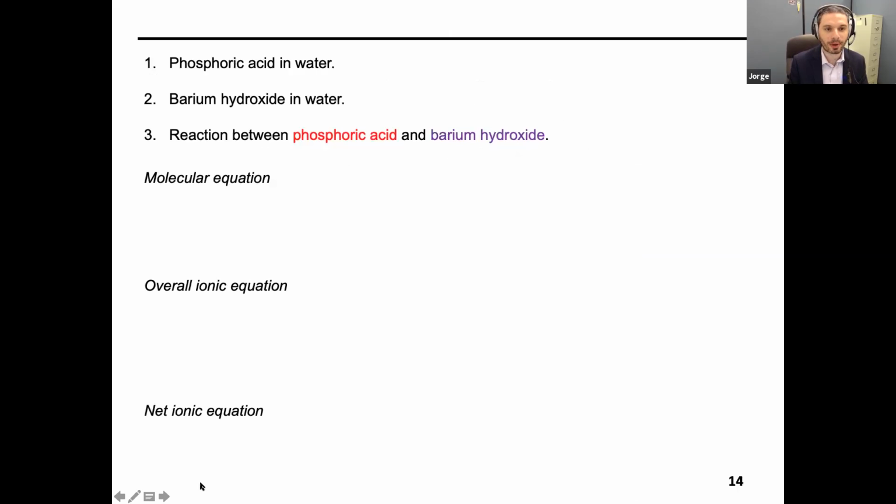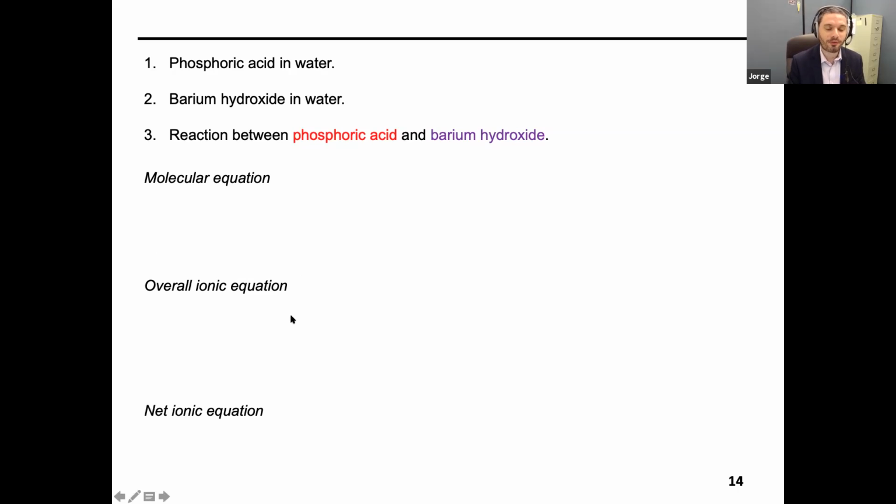Let me just go back here. Remember, we can write the acid-base reaction in 3 different ways. First is the molecular equation, which considers just the molecular form of the compounds. Then the overall ionic equation, where we consider all the ions involved in the reaction.